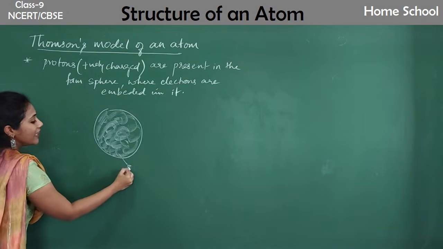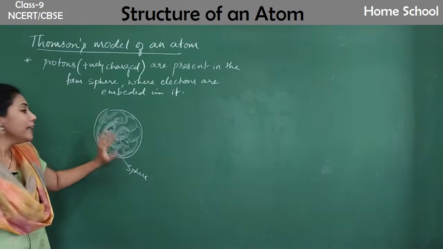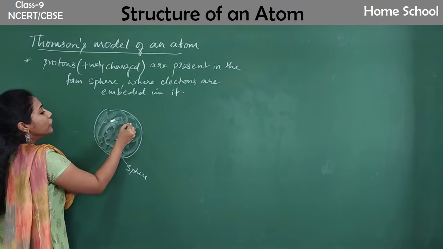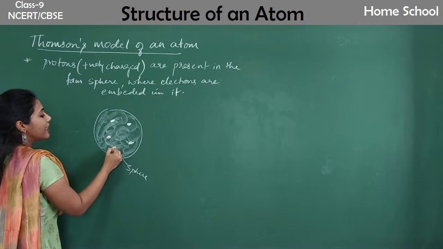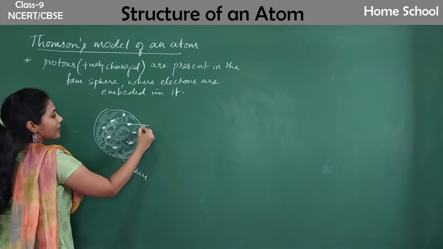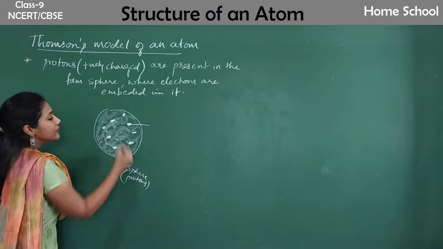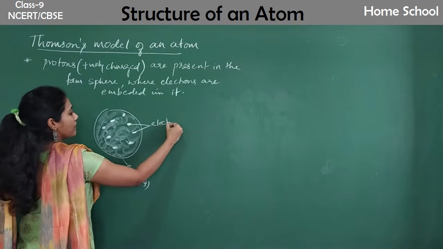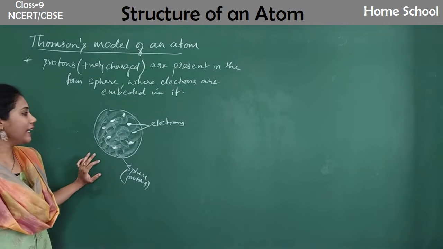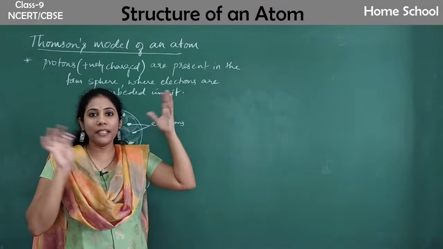This red area is the sphere, and he said that protons are present in the form of a sphere. Protons occupy the entire area of the atom, but here and there electrons are fixed, embedded in that sphere, just like the black seeds. The sphere is made up of protons and the black seeds are nothing but electrons. So this is how electrons and protons are present inside the atom, he told.